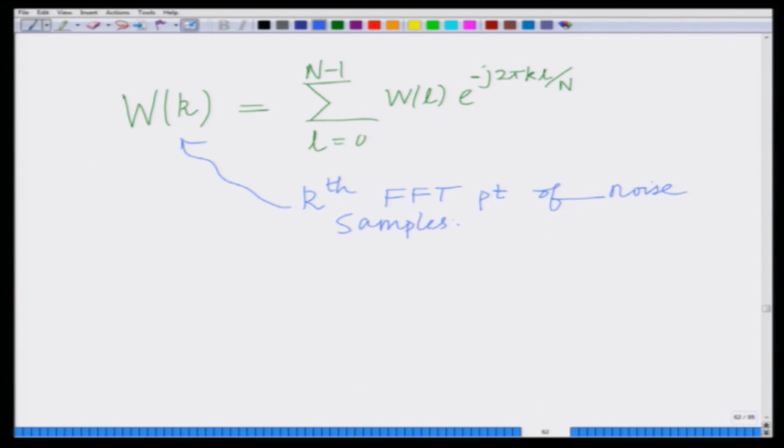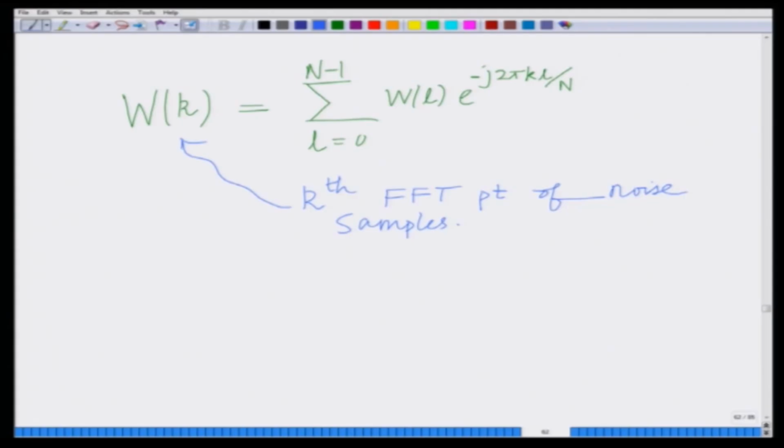What we are going to assume about the noise samples is that each wL is IID, independent identical Gaussian, and also zero mean, which means the expected value of wL is 0. The expected value of magnitude wL square equals sigma square, that is, the variance is sigma square.